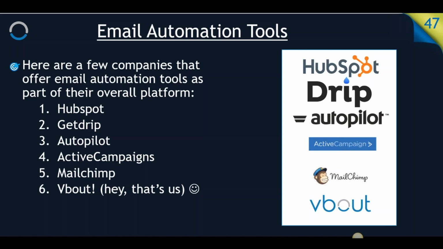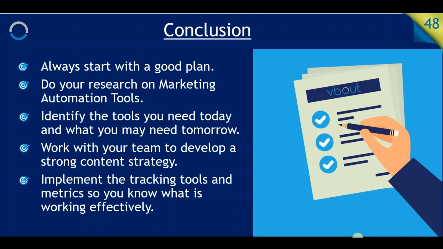And there's tons of other tools that you can look into. I just highlighted a few that are out there that are worth it, or that I can fit within one slide at this point. So to conclude this, you always have to start with a good plan, and of course your target market and your client persona. So you do your research on the tools you want to use.